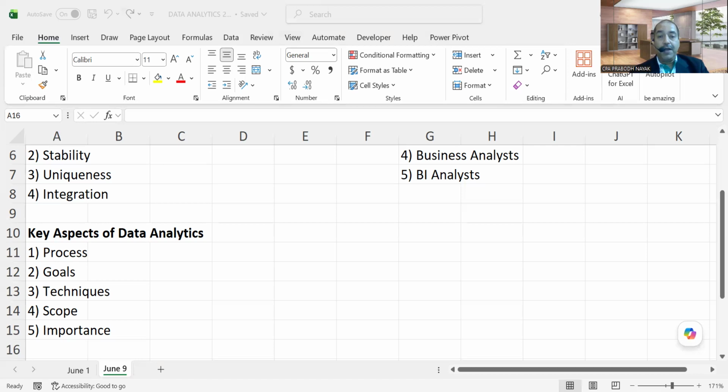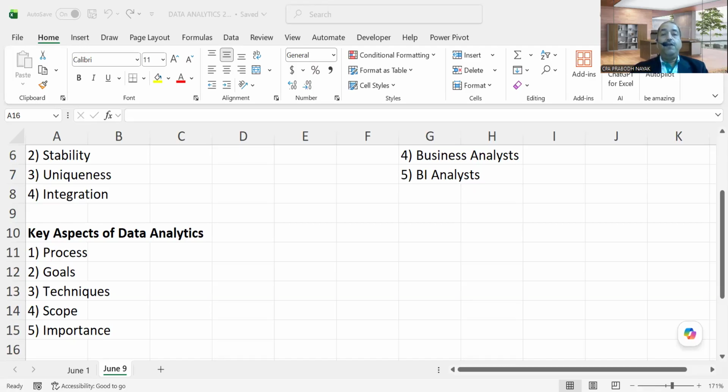What was their role? Collection of data, cleaning of data, organizing data. Then we had data analyst. Then we had data scientist. So like that, the process involves a few steps: collection of data, cleaning of data, organization of data, analyzing of data, visualization of data. That together is the total process of data analytics.